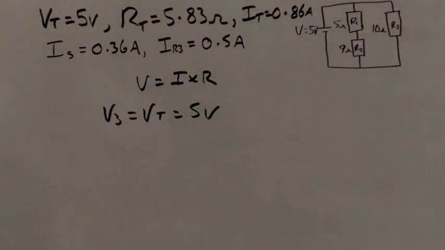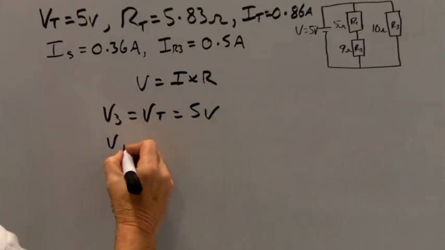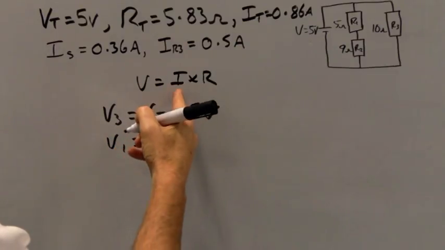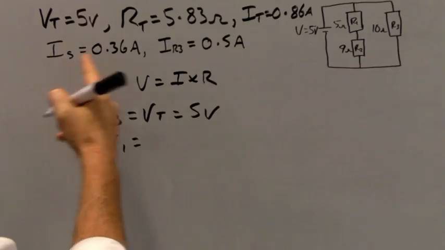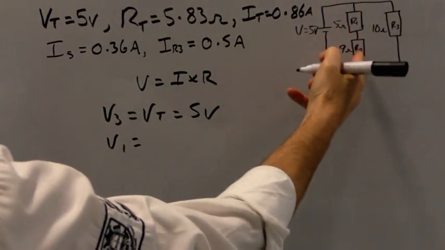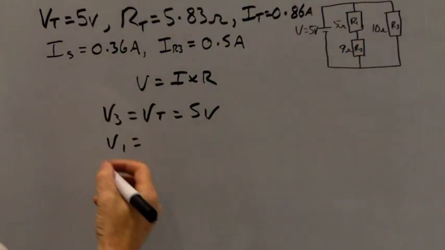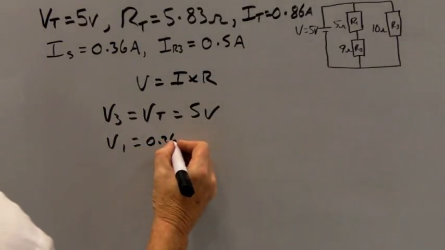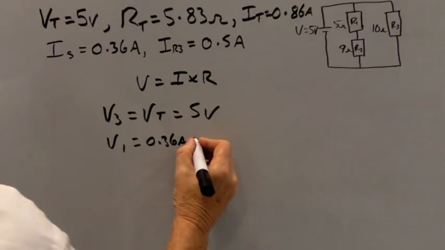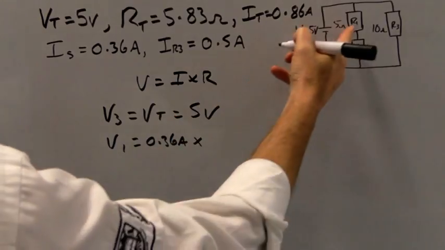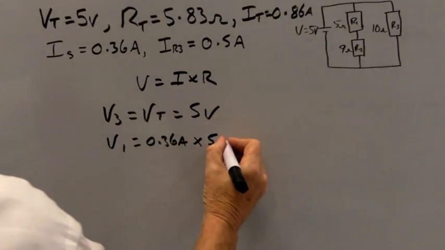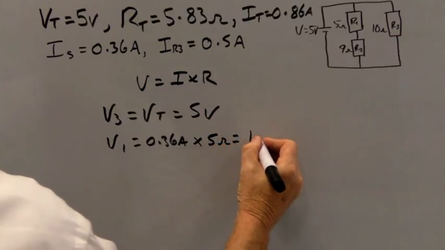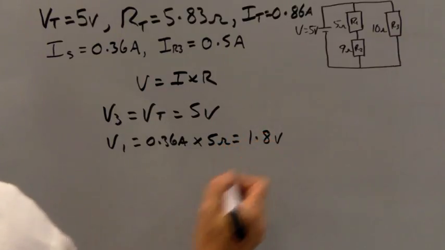For R1, V1 is equal to I1, which is the current flowing through that series circuit, 0.36 amps, multiplied by the resistance of R1, which is 5 ohms, and that equals 1.8 volts.